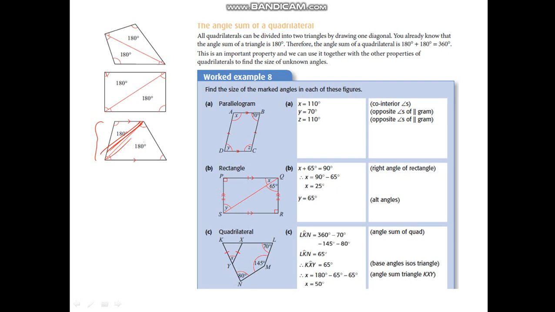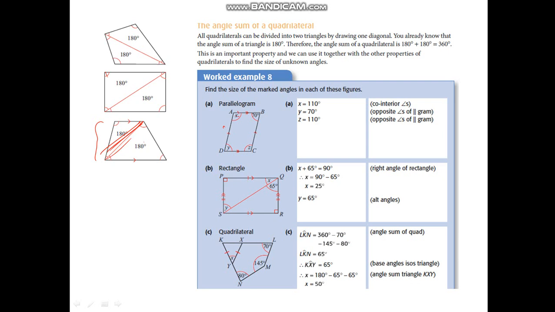Okay, so here we have worked example 8. Let's solve. Find the size of the marked angles in each of these figures. The first shape is, as you see, a parallelogram. What were the properties of a parallelogram? Two sides are equal to each other and also parallel, and opposite angles of a parallelogram are equal.